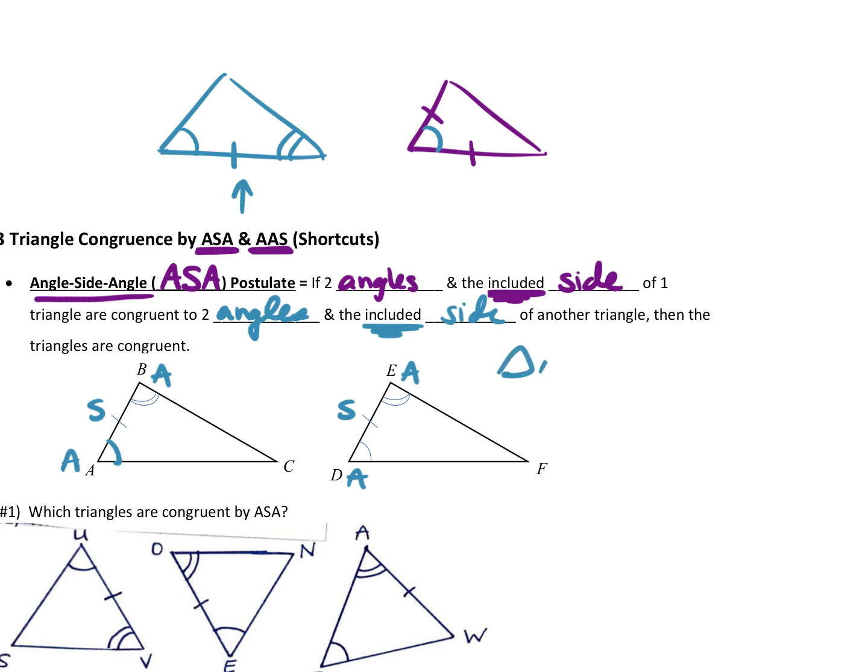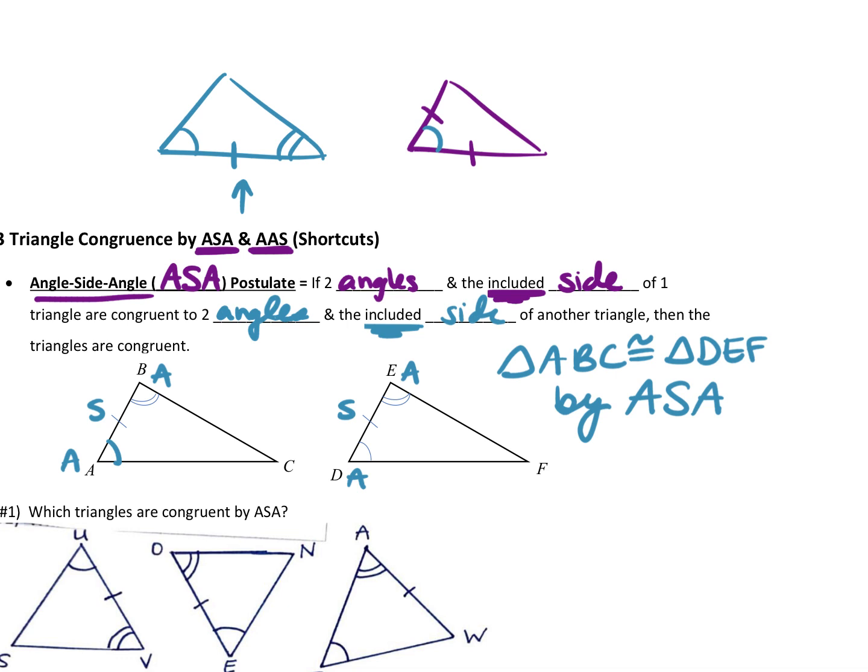We would say triangle ABC is congruent to triangle DEF by angle, side, angle. Two angles and the included side.